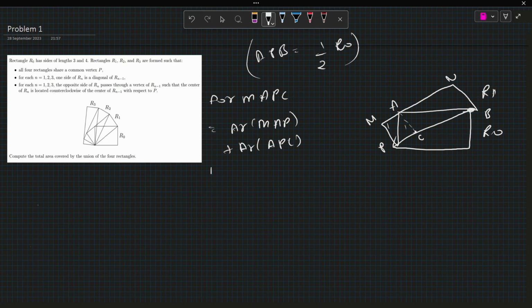Similarly, for the rectangle NCB, its area should be equal to the sum of the two triangles, which are area of NAB plus area of ACB.